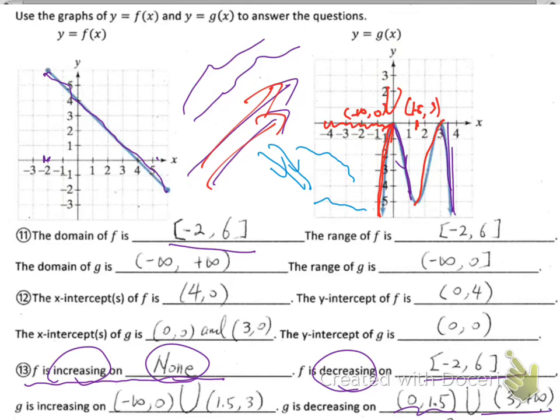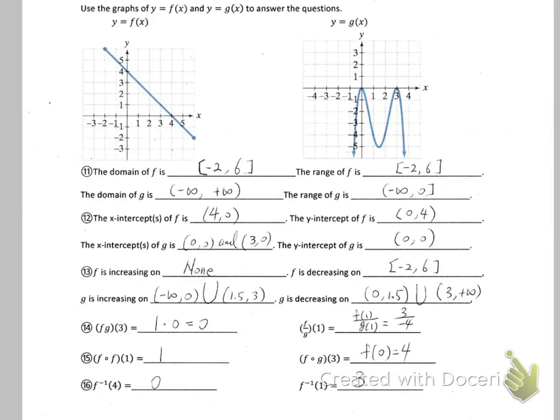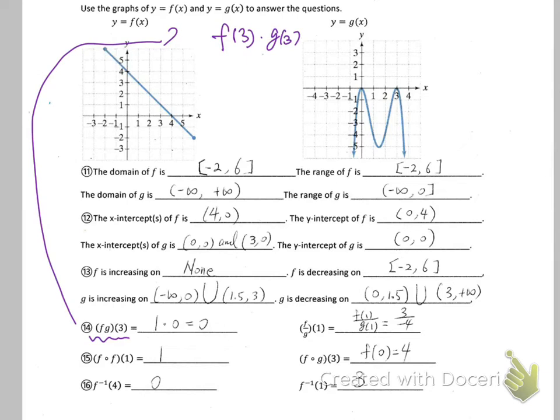Okay, so now the harder part. Now we want to know what's f times g of 3. So we have f of 3 times g of 3. So where's f of 3? You go to 3, you go to this point on the curve. Any point on the curve is x comma f of x. That's the graph, right?